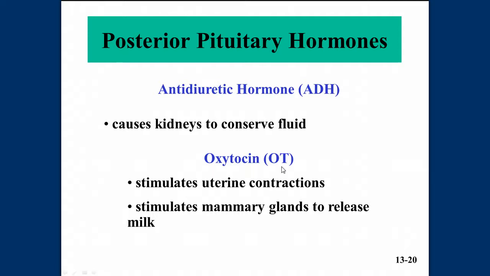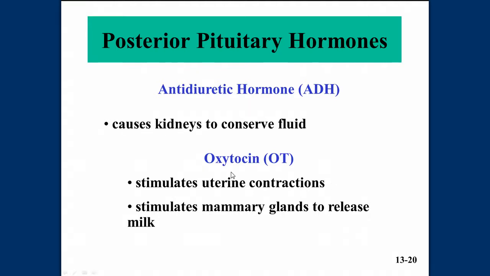And then after the birth of the baby, oxytocin is given for uterine contraction to give up the afterbirth, and also to stimulate that uterus more so it can shrink and go back to its normal size. So oxytocin is given to induce labor, and then after birth it is given to help deliver the afterbirth and reduce the size of the uterus.